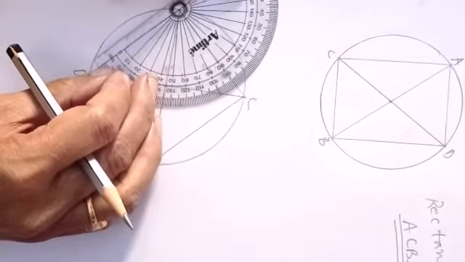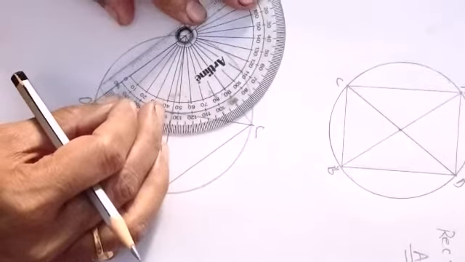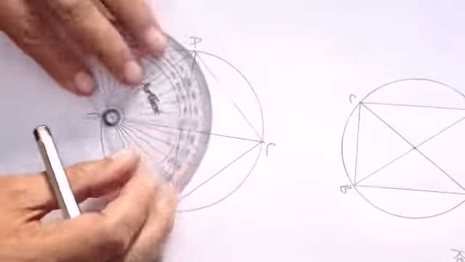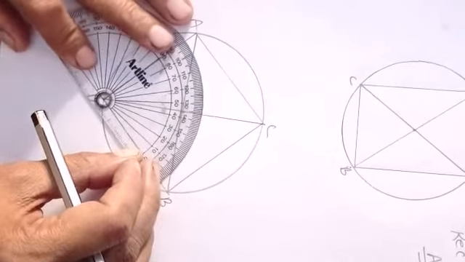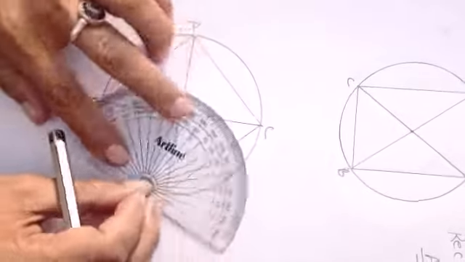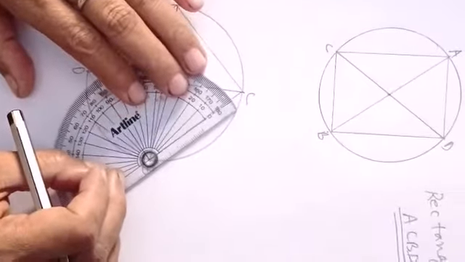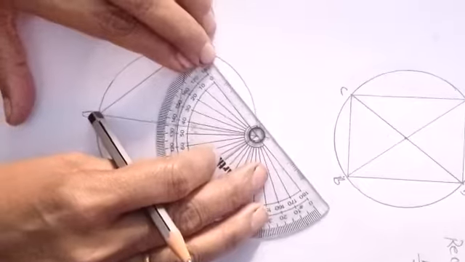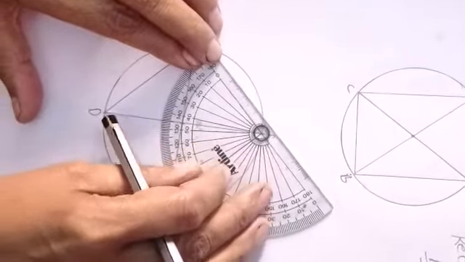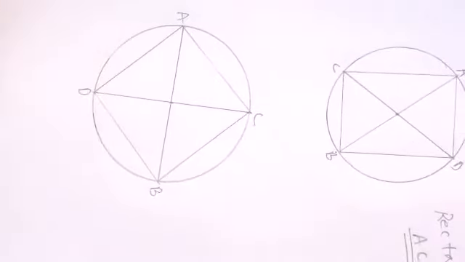Here I have got 90 degrees. This one again 90 degrees. This one 90 degrees, and this one again 90 degrees. So in this case I have got a square.